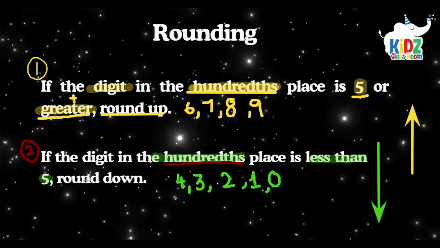We will round down. So if the digit in the hundreds place is less than 5, we will round down.